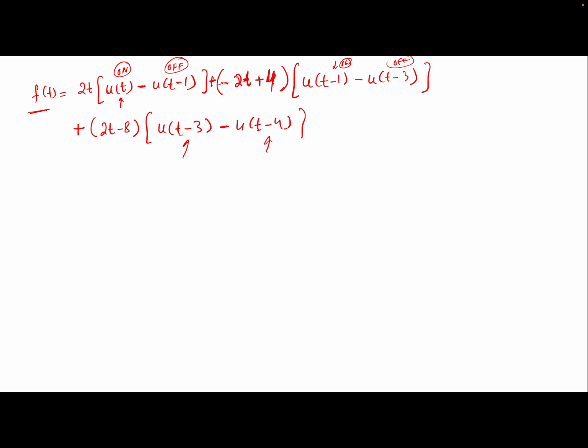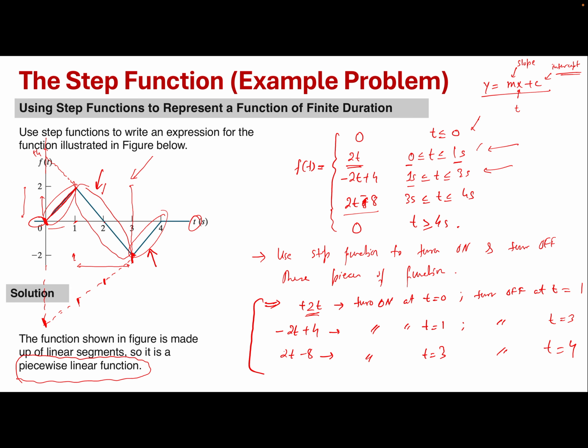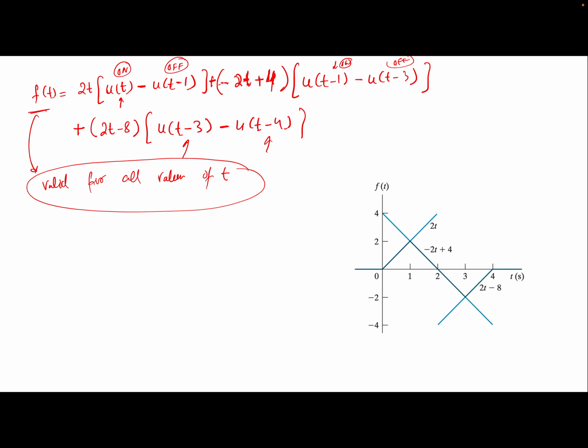So this is a function which is valid for all values of t, and you don't need to define it as a piecewise function like you were defining it over here. So with the step function, we can play around and do a lot of interesting stuff. This is, by the way, how you can represent it. This is your equation 2t, which was turned on here and then turned off.